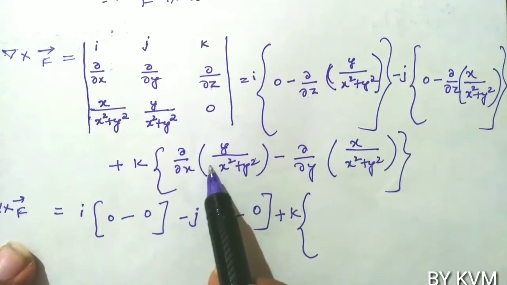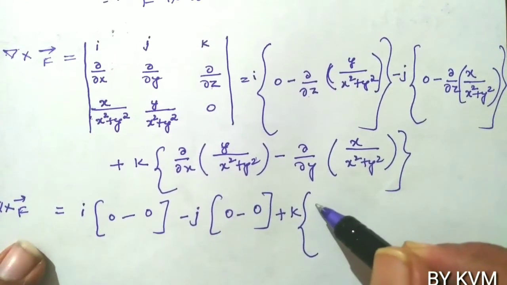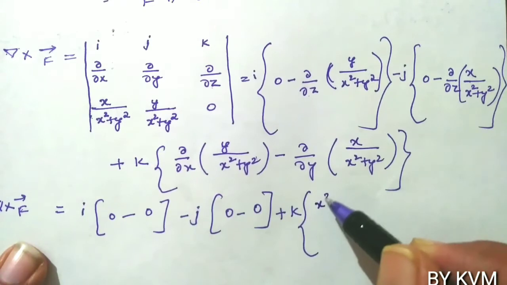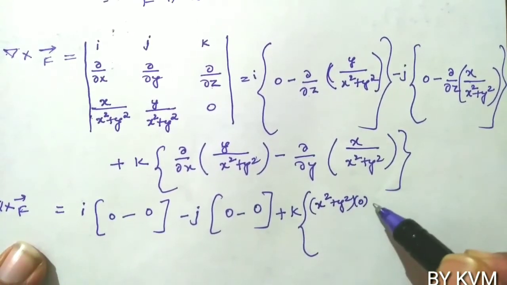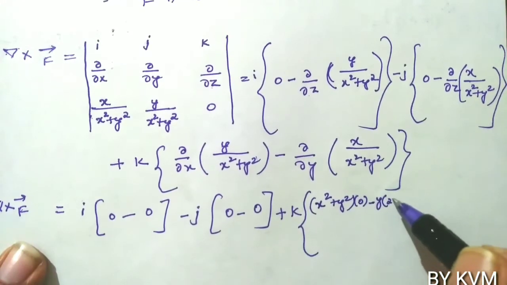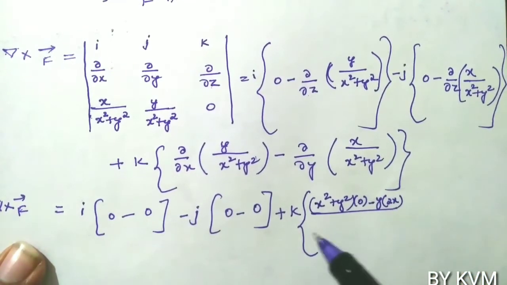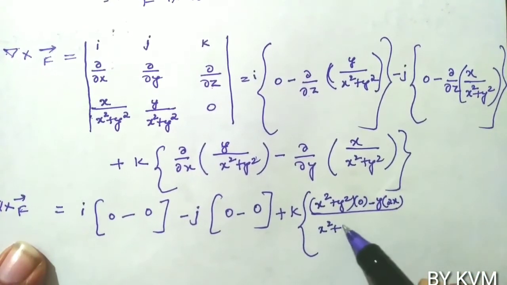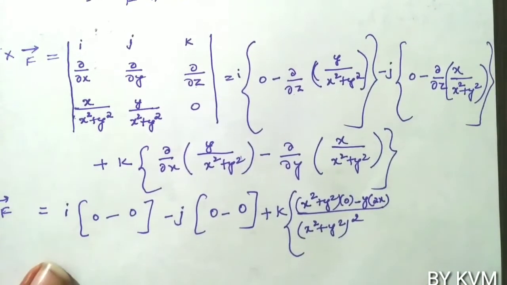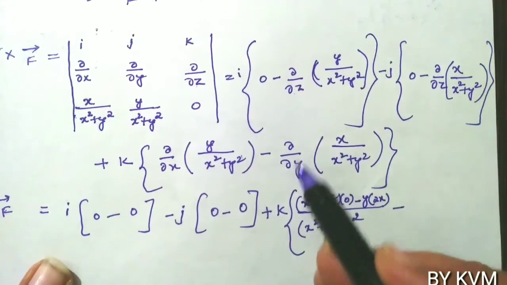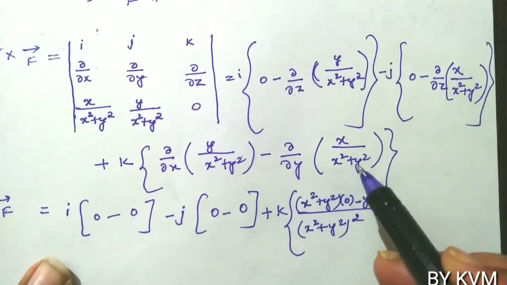So y is constant here. So we get, applying the quotient rule, (x² + y²) of 0 minus y of 2x by (x² + y²)², minus ∂/∂y of x by x² + y².